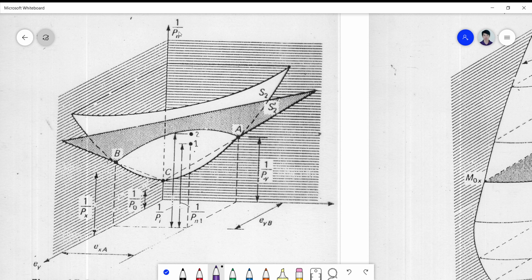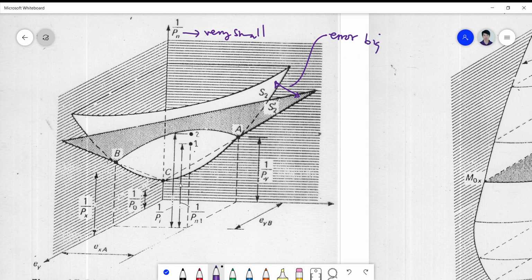When Pn is very small, your error will fall on this, and this is a very big error. When Pn is small, your 1 over Pn will shoot upwards, such that the error becomes big.